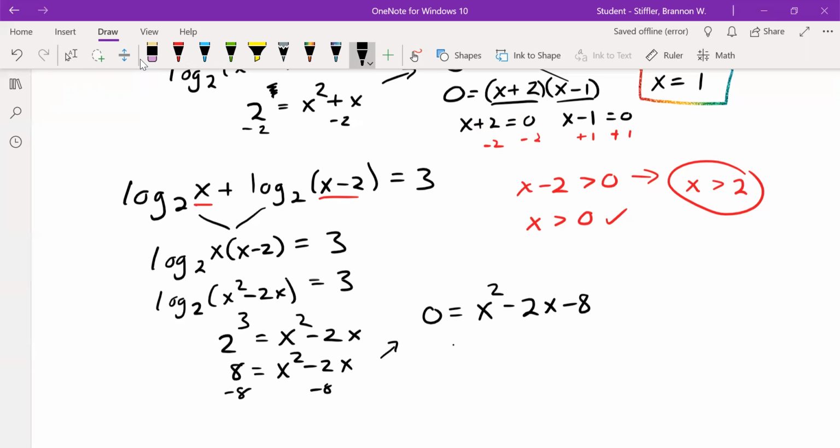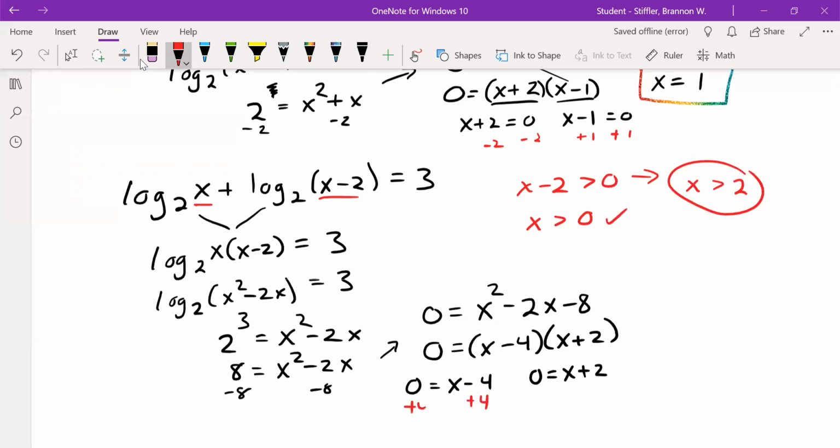So this one can be factored, it looks like. Something that multiplies to a negative 8 and combines to a negative 2 tells me negative 4 and positive 2. My property says I'll set each one of these equal to 0. So I'll solve by adding 4, subtracting 2.